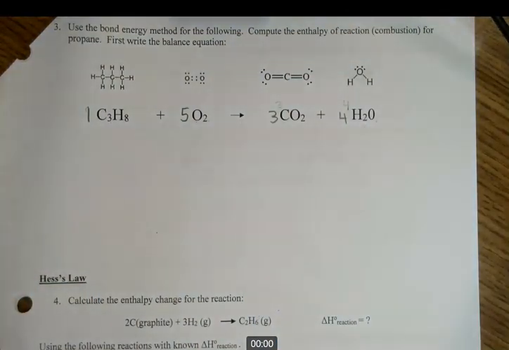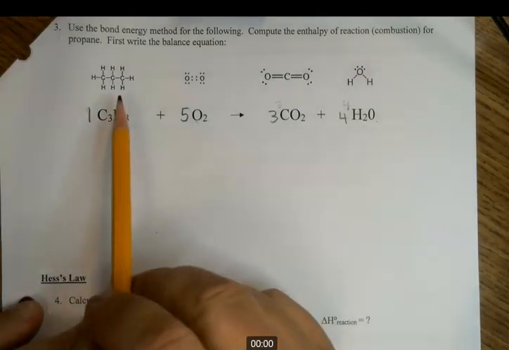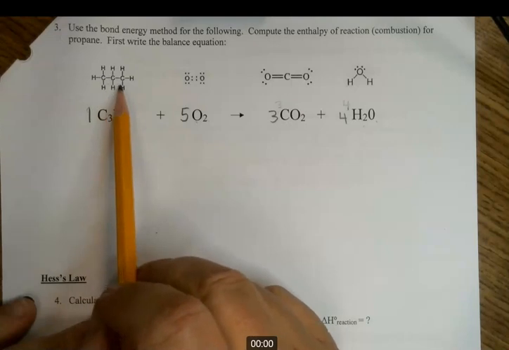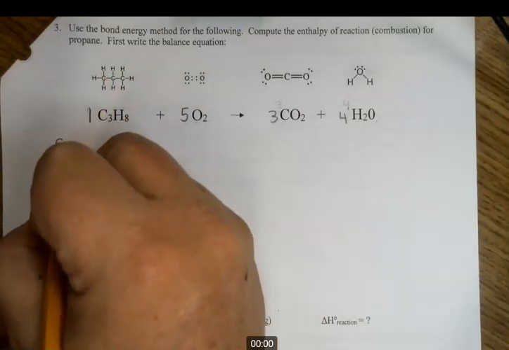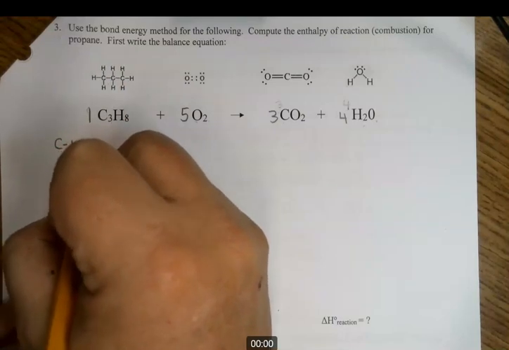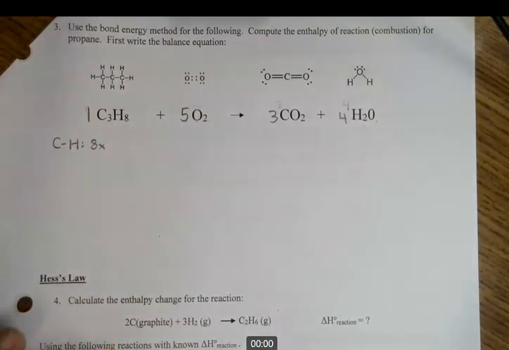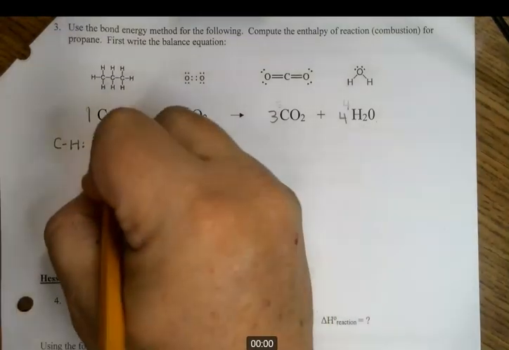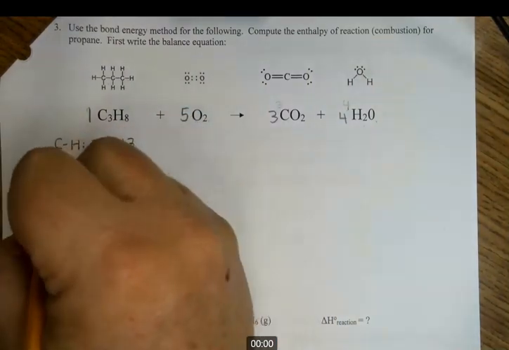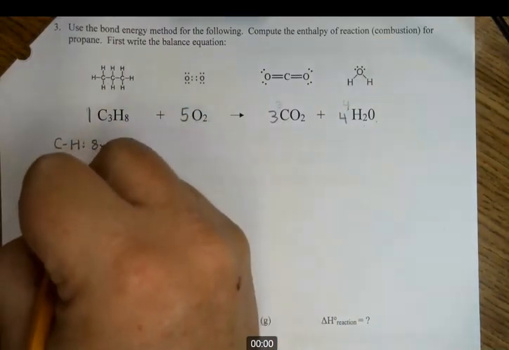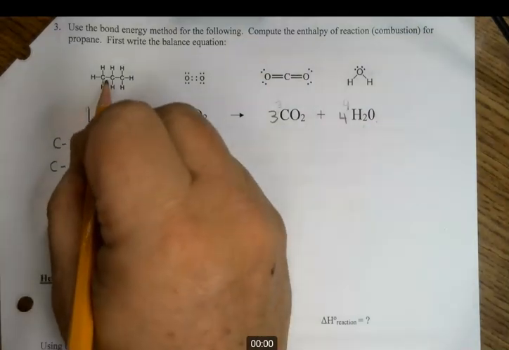All right, so go ahead and do this. So let's look at this one. You have 1, 2, 3, 4, 5, 6, 7, 8 carbon hydrogen bonds. So I'll put that here. And there's 8 times 413, and that's energy going in, so it is positive. And then you have carbon-carbon single bonds, and there's 2 of those.